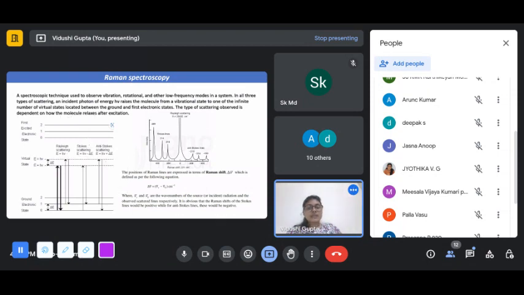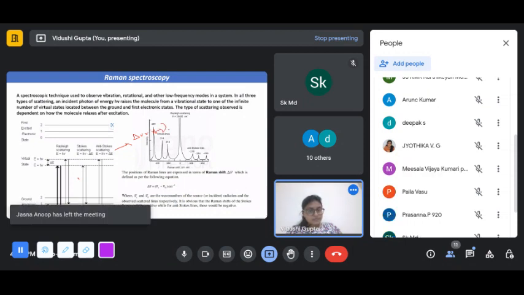While Stokes scattering is an inelastic scattering. What happens is, if a molecule is excited to a virtual state, then it relaxes back to a ground state of lower energy level than the original state. So here the energy will be h mu minus delta E, and for the Stokes shift, the Raman shift for the Stokes line is the frequency of incident minus the frequency of scattered.